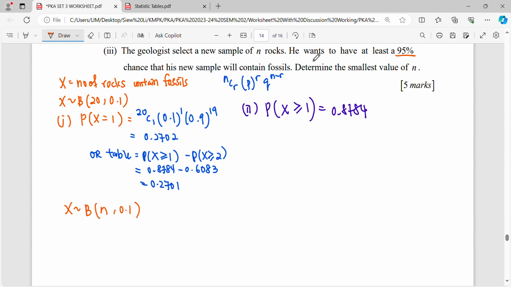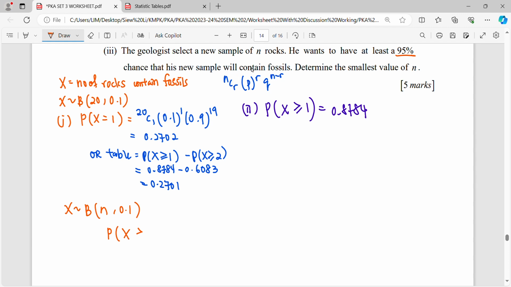So reading this one, you want to have at least 95% chance that his new sample will contain fossil. How will it contain fossil?